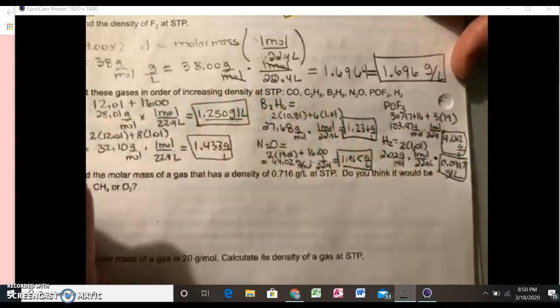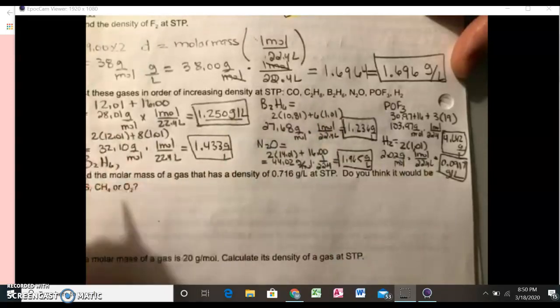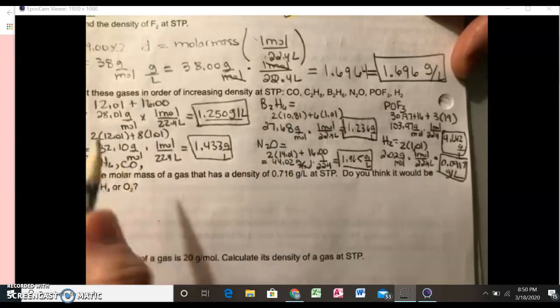So increasing, looks like our lightest is hydrogen, which makes sense. And then from there, it looks like we have B2H6, then carbon monoxide. Then we have C2H8, that's our ethane.